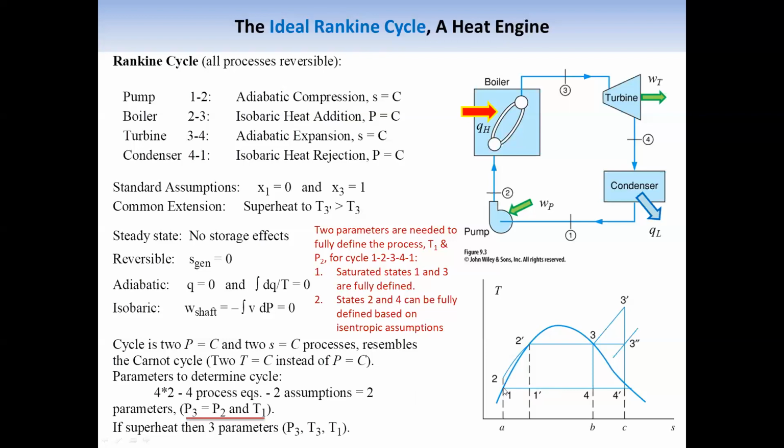Based on what we learned from the last chapter, we know state 2 will be located on the right-hand side of this vertical line. Similarly, if the turbine is not operated in isentropic condition, it's not reversible, state 4 will be on the right-hand side of state 4 on this horizontal line.